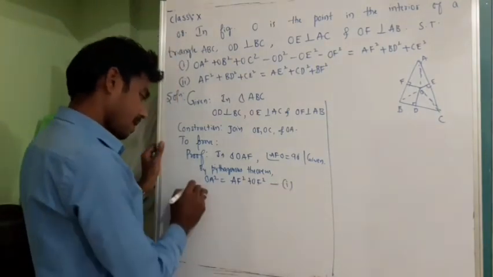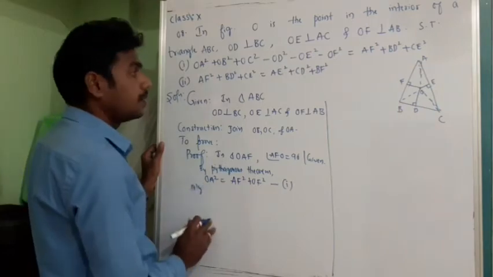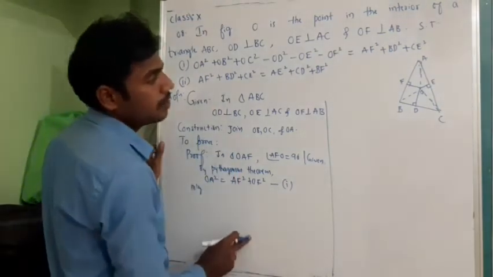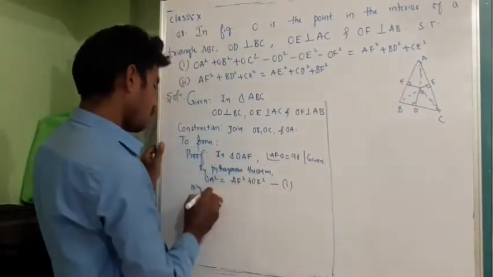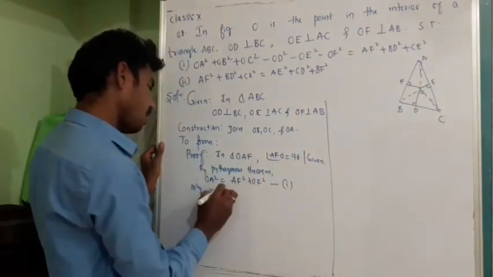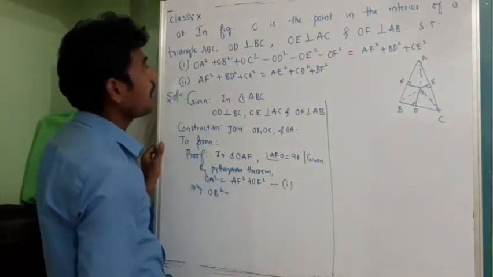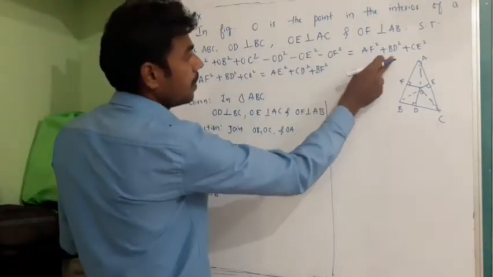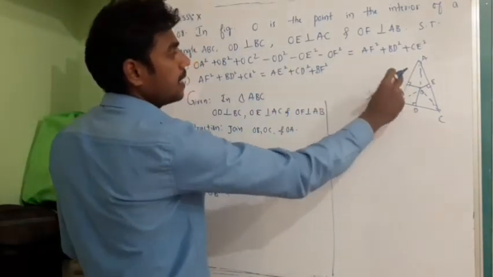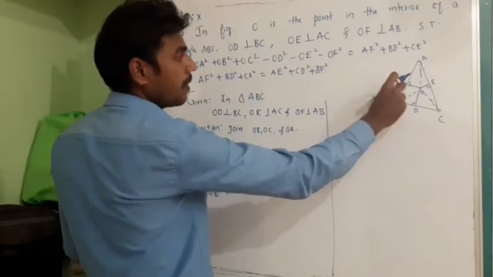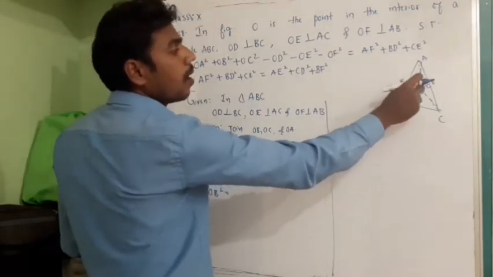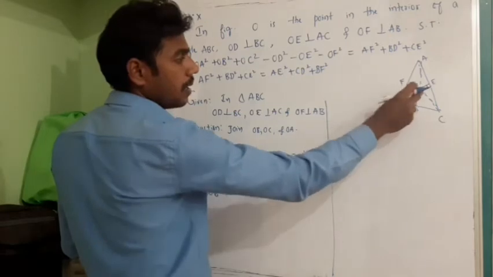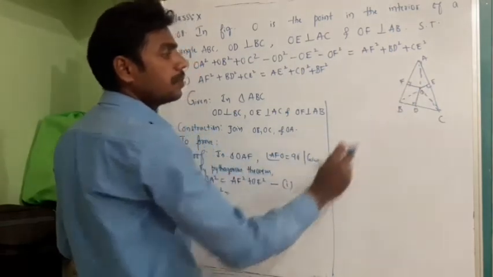Okay. Similarly, we need OB square. Where is OB? OB is here. We want OB square in terms of BD. If I needed BF, I could have gone for the other triangle, but OB in relationship to BD I want.